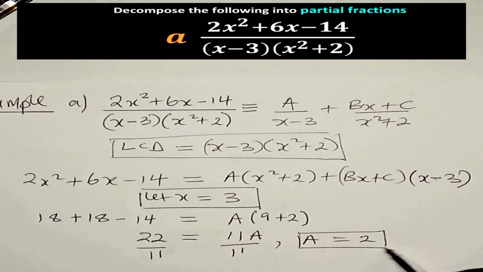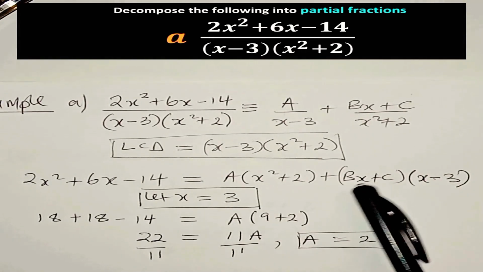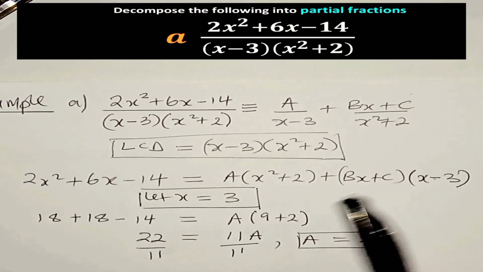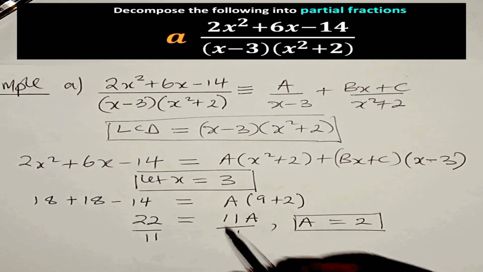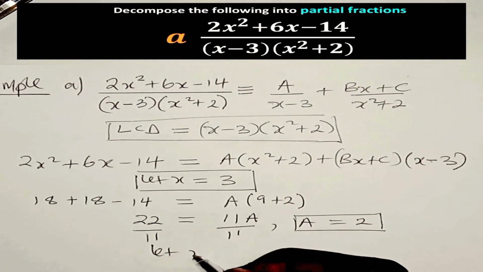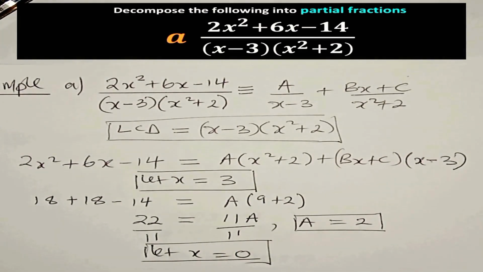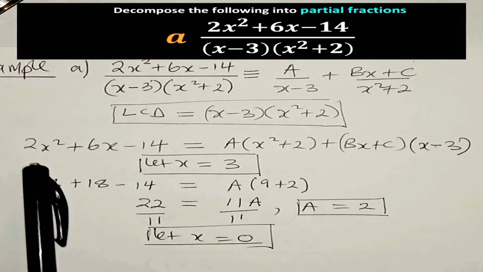All right. Now, in the next step, we shall look for C. We can let x equal 0. So the term with B vanishes, and we remain with C. And by the way, we have just found the value of A. So we eliminate B and solve for C. Now we substitute 0 into that equation.